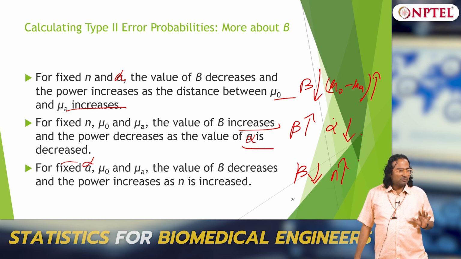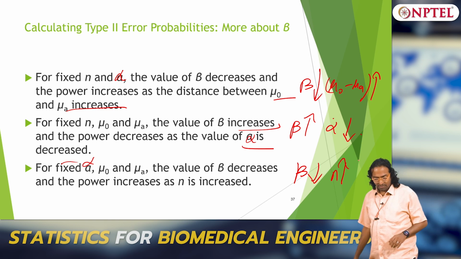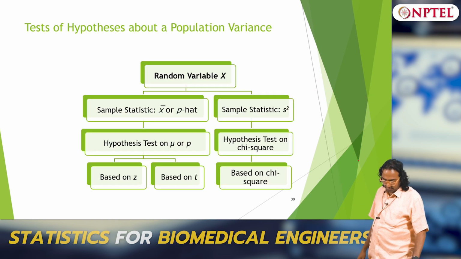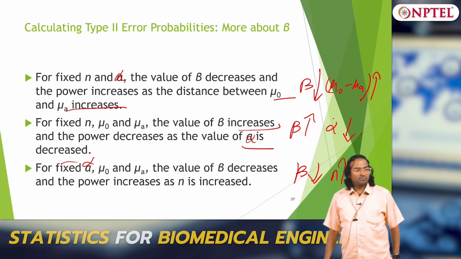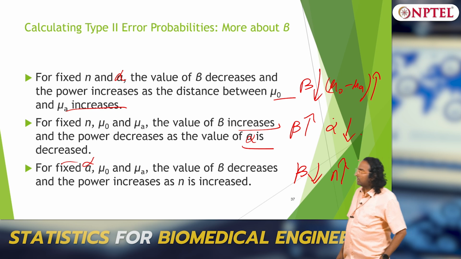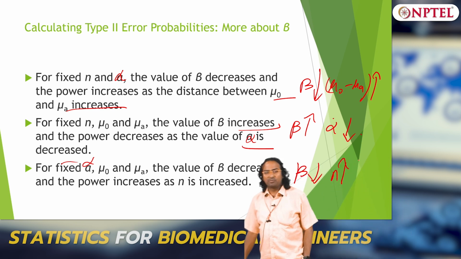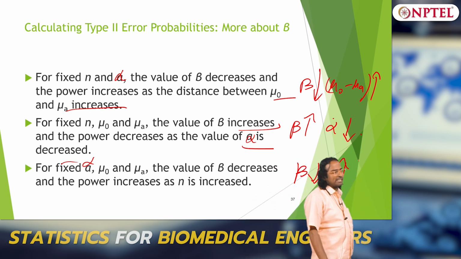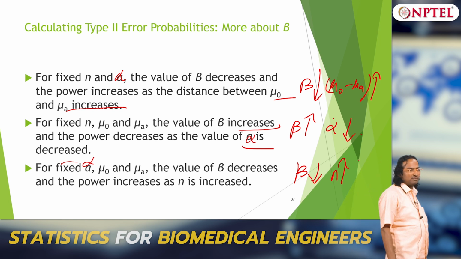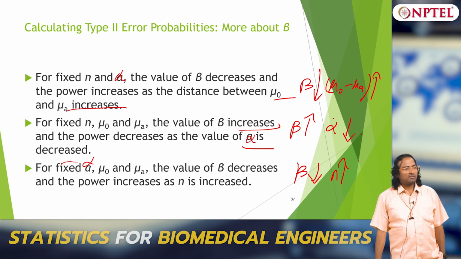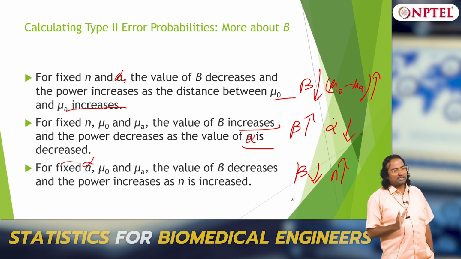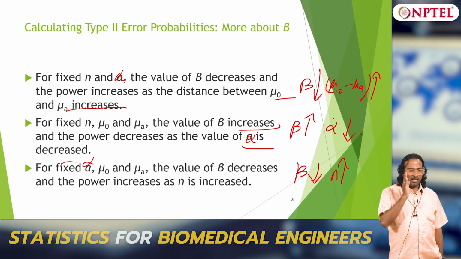Clear? So far so good? The confidence interval, I will not say null hypothesis, because I am also saying how much I can reject the null hypothesis using the confidence interval. Power of a test simply says how much am I able to reject the null hypothesis if it is false.